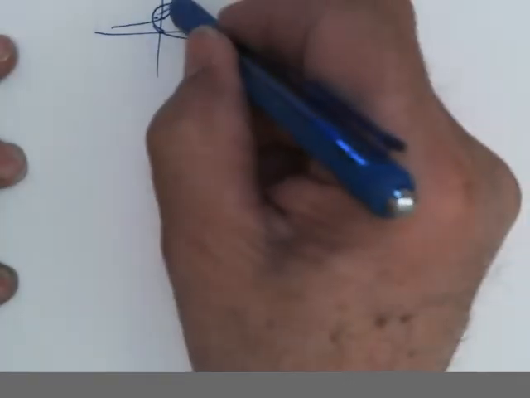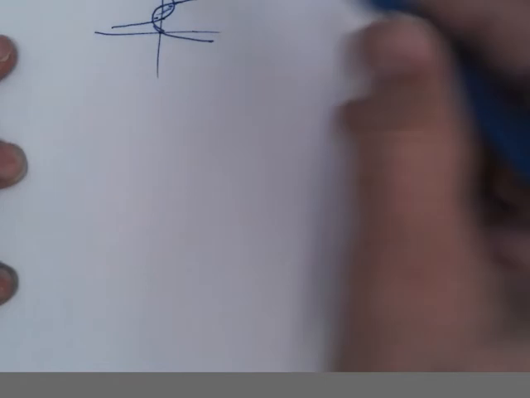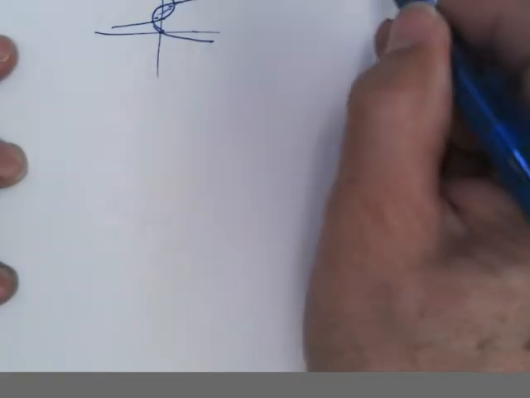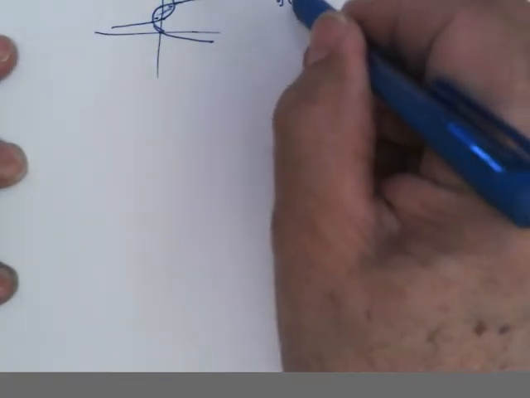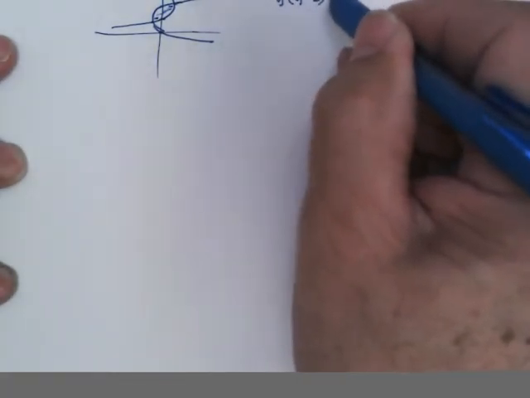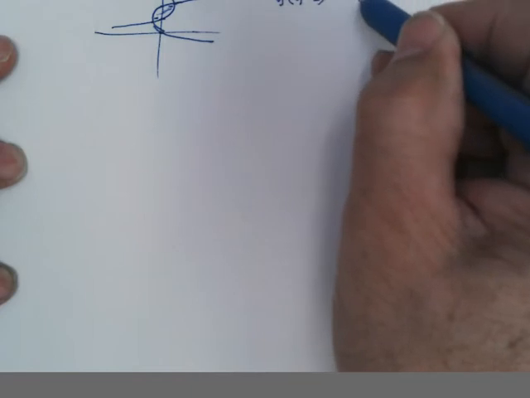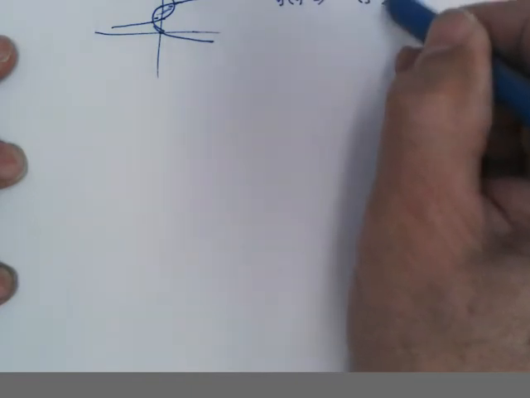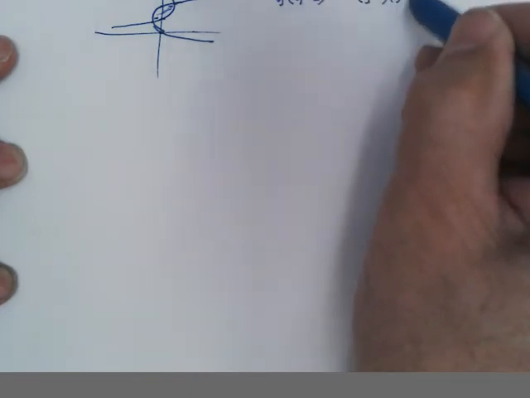So we have to find out where they intersect in terms of y. And they're both x equals, so I set y times y minus 2 equal to negative of y minus 1 times y minus 3.